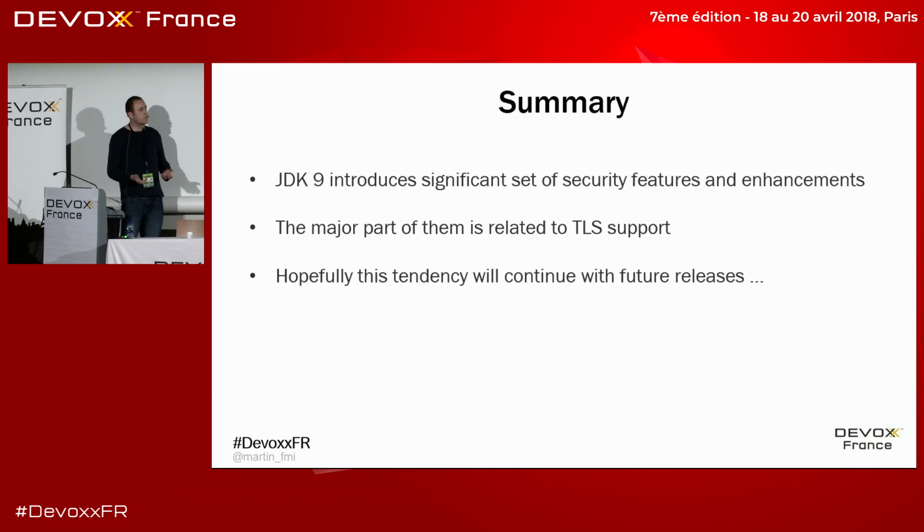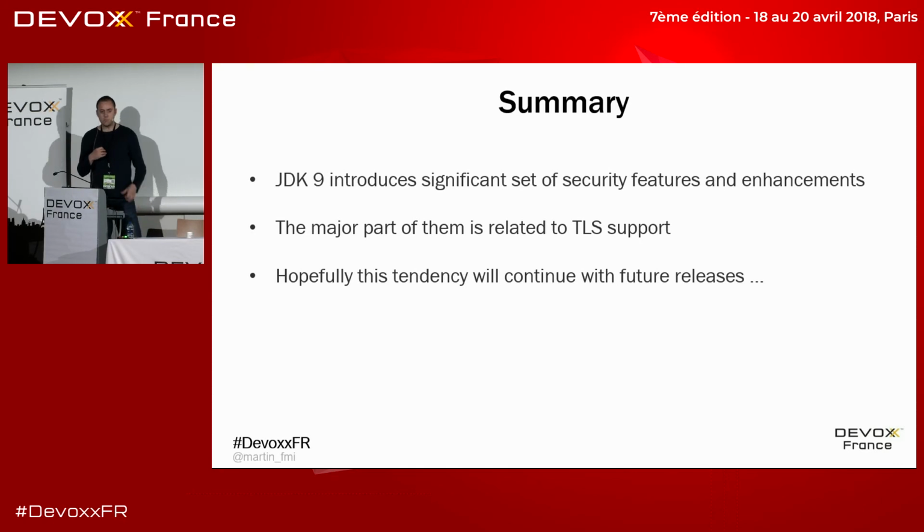And as a summary, JDK 9 introduces a significant set of enhancements, in particular to the TLS protocol that's supported in the Java platform. We would expect that in further versions of the JDK, we would see many new enhancements in regard to the 1.3 version of the TLS specification.